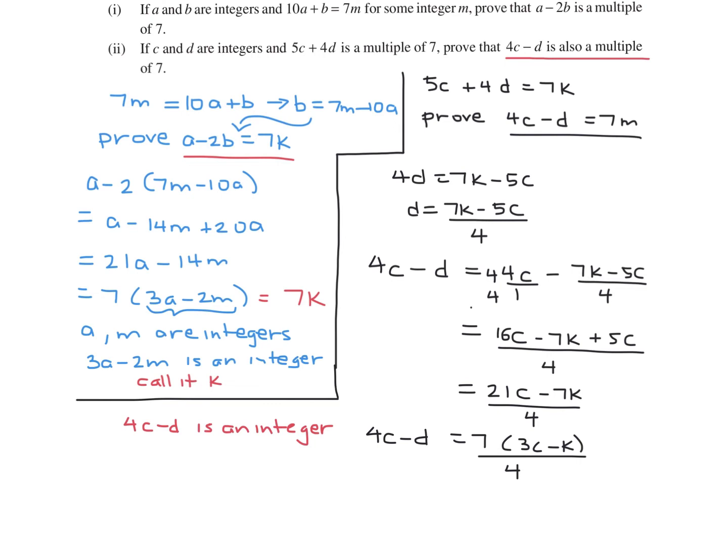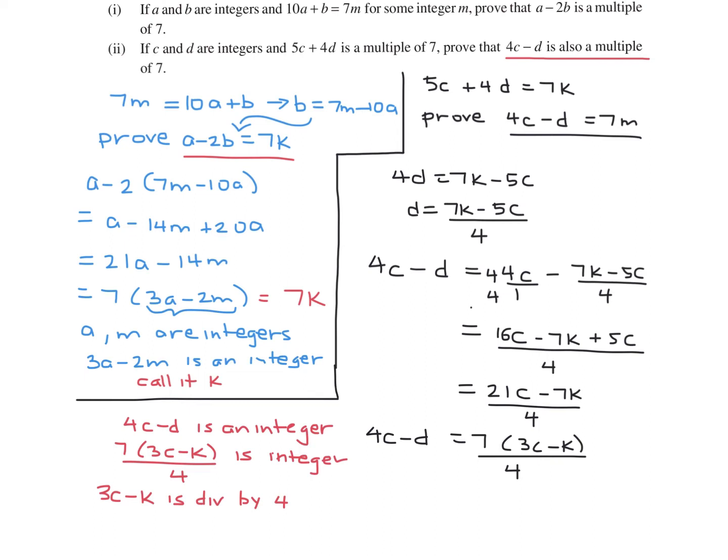Because they're equal. So that means that 7 times 3c minus k over 4 is also an integer. And that is only possible if 3c minus k is divisible by 4. Otherwise, it will be some fraction.